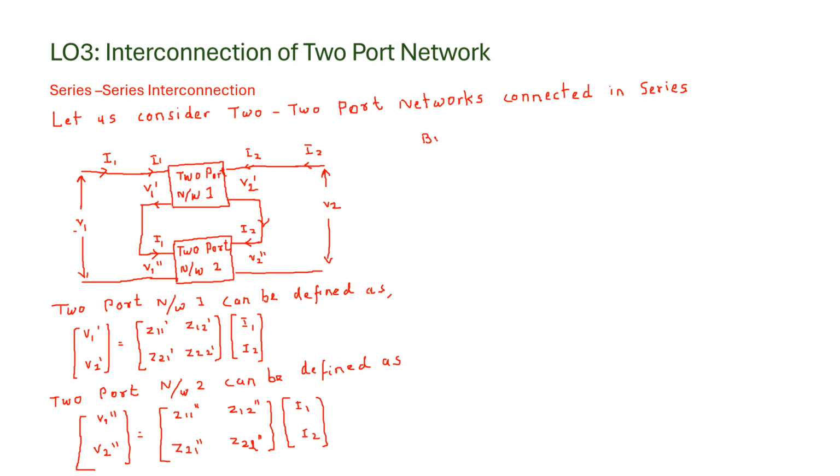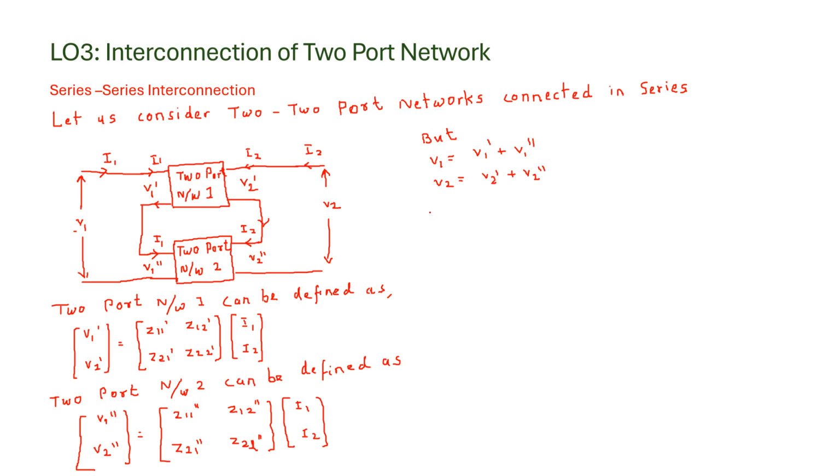When these two networks are connected in series, we will have V1 equal to V1 dash plus V1 double dash, and V2 equal to V2 dash plus V2 double dash.